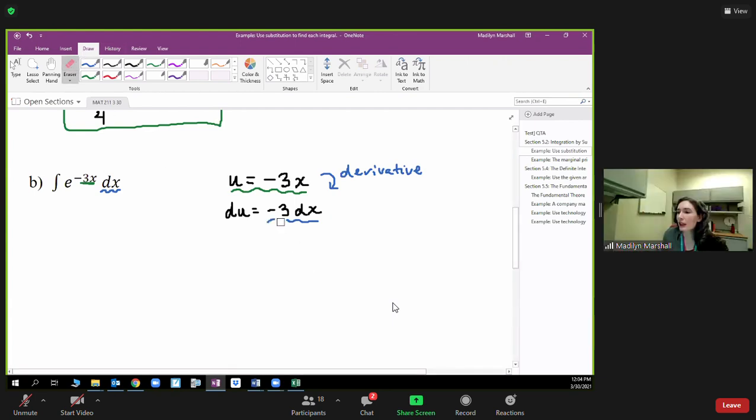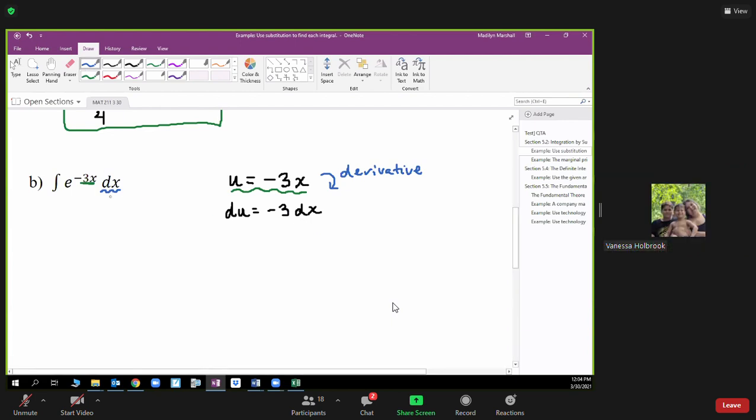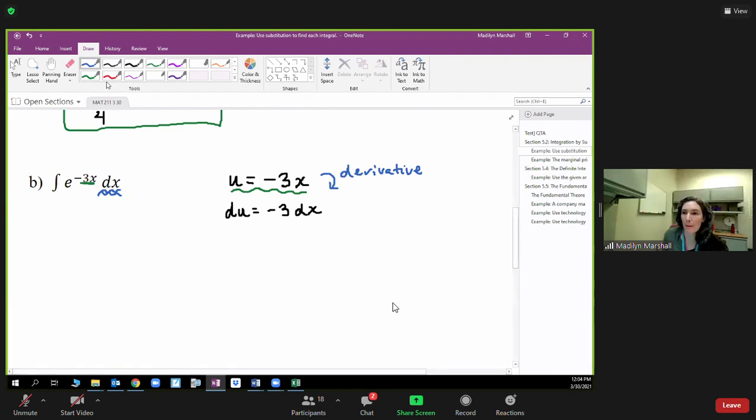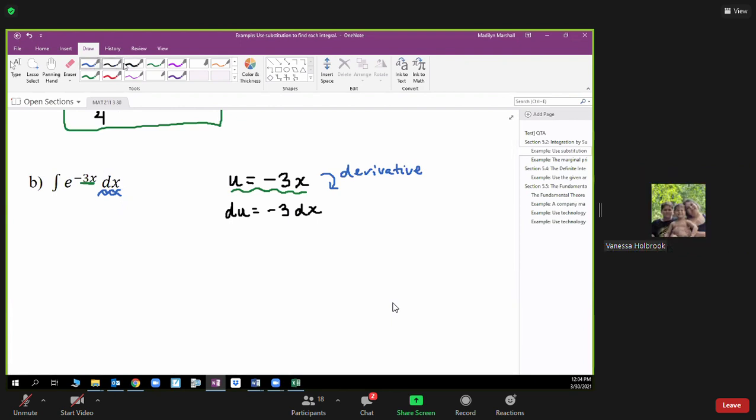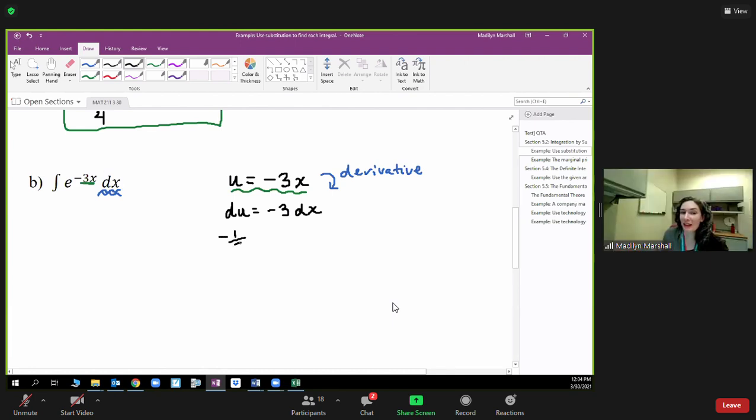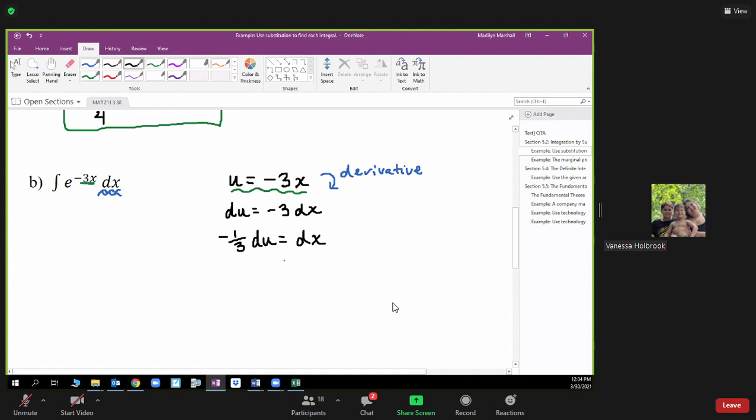So we need to adjust our du equation so that we're replacing exactly what we have in the original, which is just a dx. So divide by negative 3, or multiply by negative 1/3.